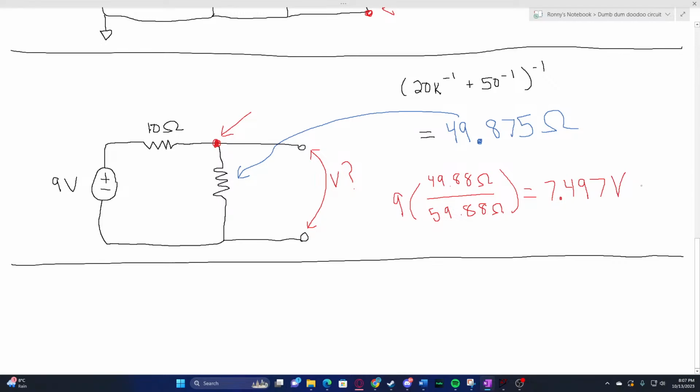That voltage there tells me what that voltage is going to be without the capacitor on the other end. But that's the thing, right?